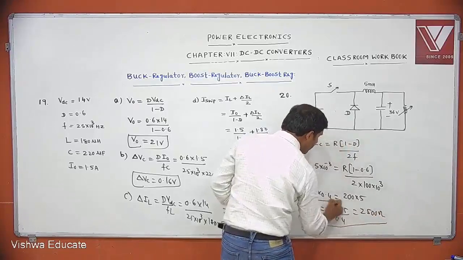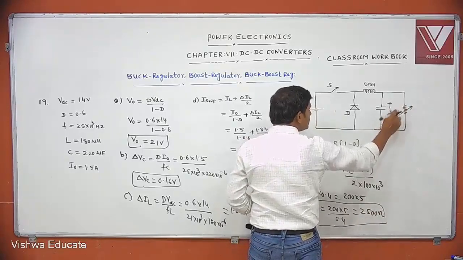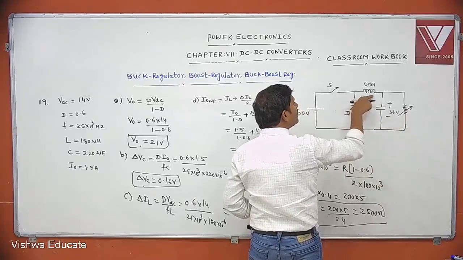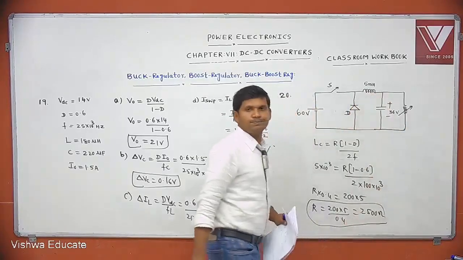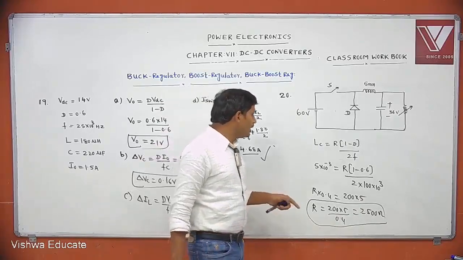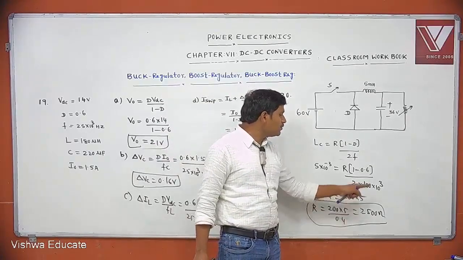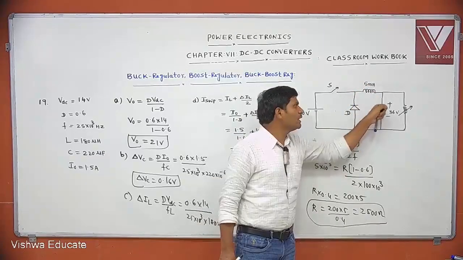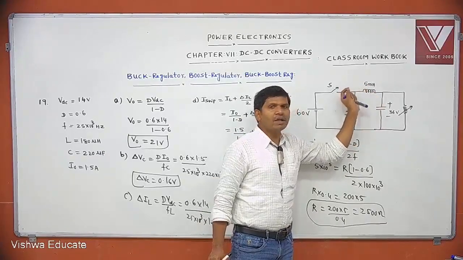This is a variable resistor. If you select 2500 ohms, the current through the inductor becomes just continuous. Understood? This is the resistance which makes the inductor current just continuous, because if you control the resistance, the current through the inductor is also controlled.